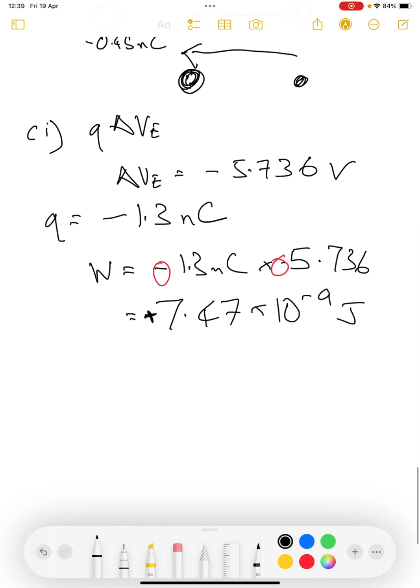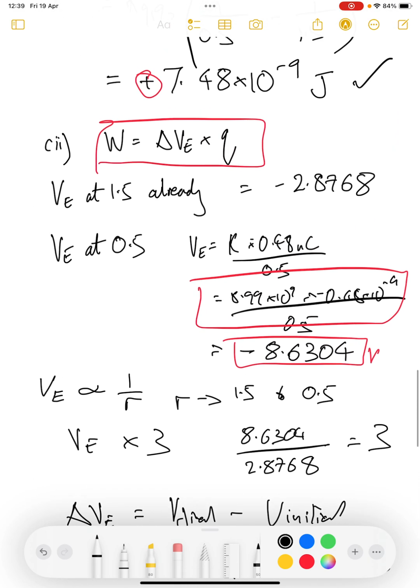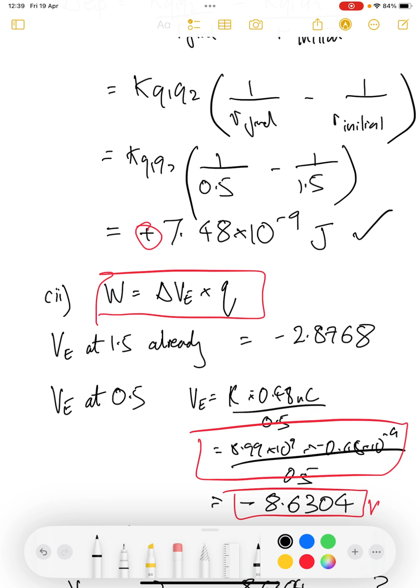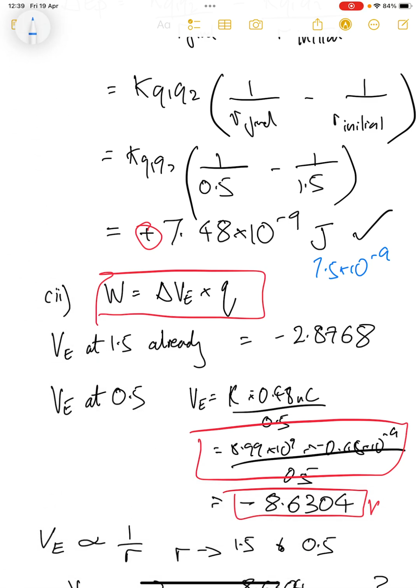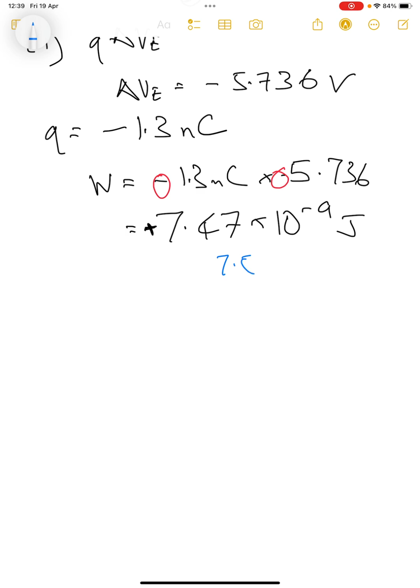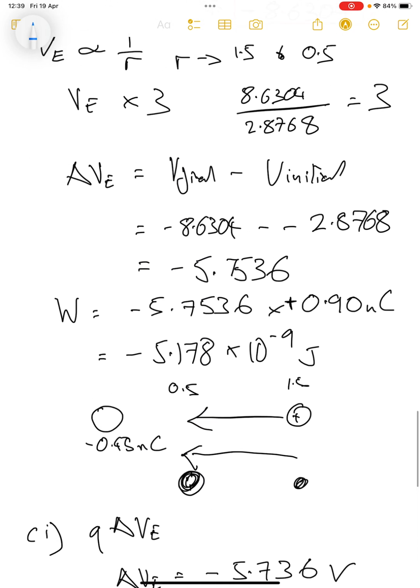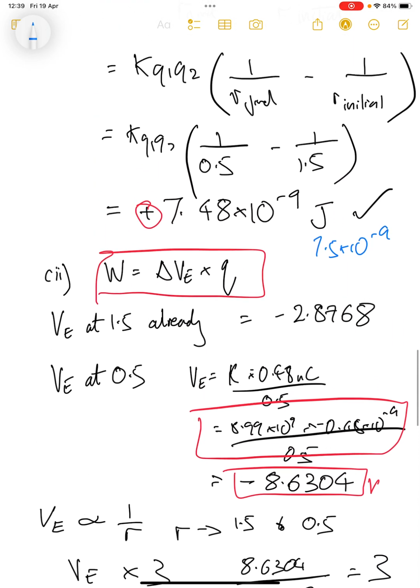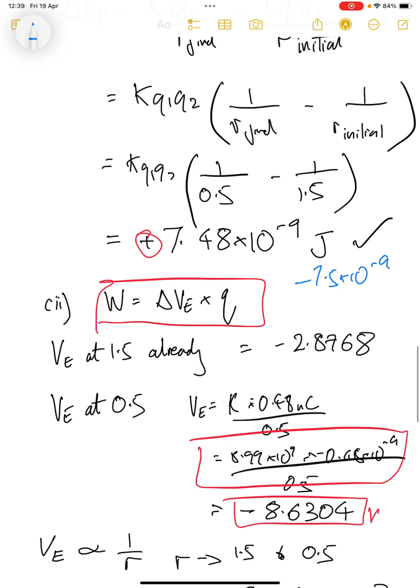Okay, there's a tiny difference because of the way we rounded numbers, but essentially you'd make that 7.5 times 10 to the minus 9 joules. And again, positive, positive there.